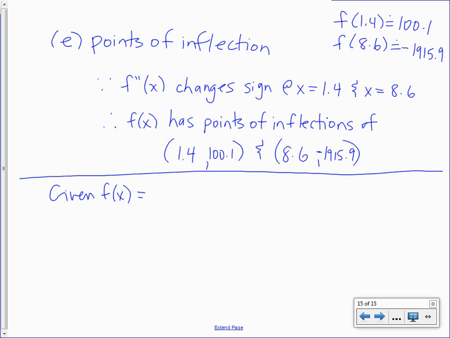Given f at x equals negative x squared plus 6x minus 8, determine the local extrema by applying the second derivative test.